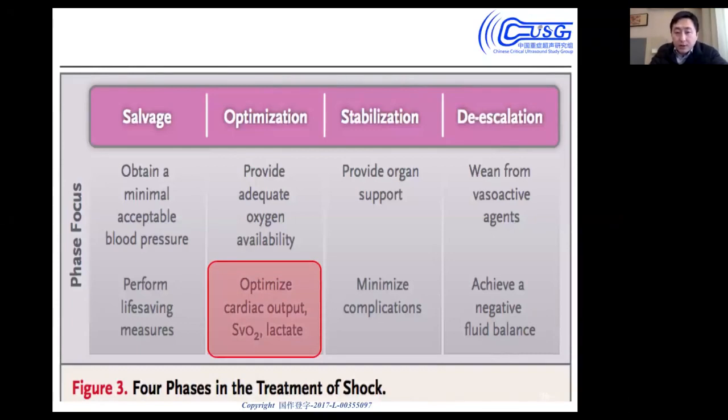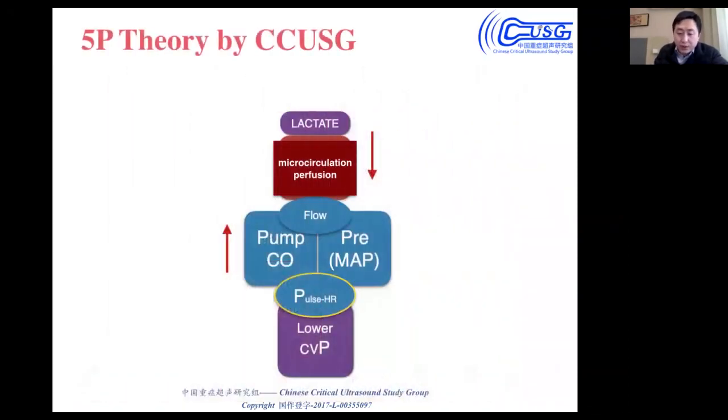We'll talk about the optimization phase, how we treat the patient and optimize the perfusion. The 5P theory is valuable guidance for internists to optimize perfusion and to give high quality treatment to shock patients. We'll introduce the 5P theory soon.